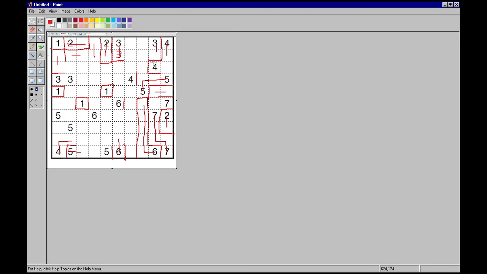So we solved this 4. Similarly, this 3 can't go over here because that vertex is illegal. So we've solved a couple of 3's, and then we deal with some vertexes.